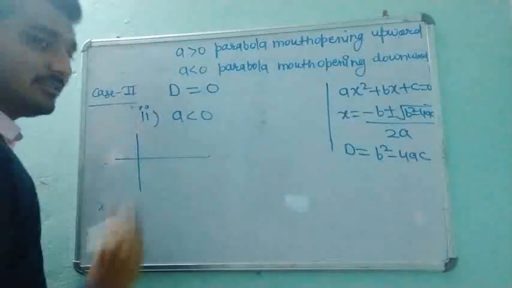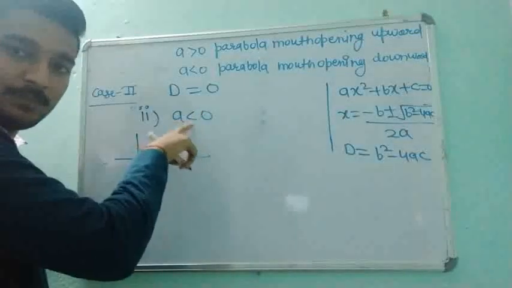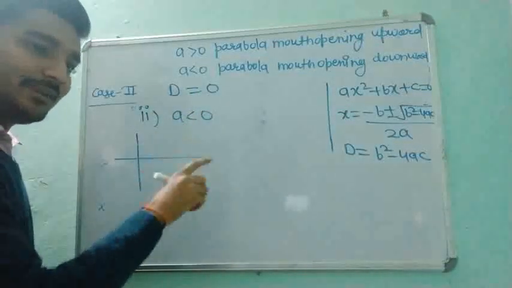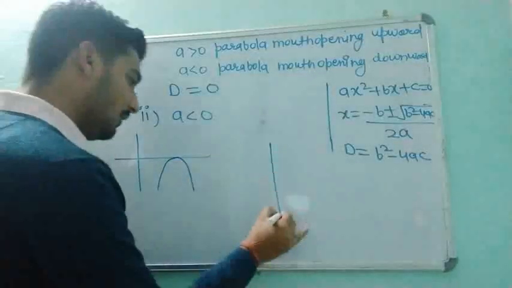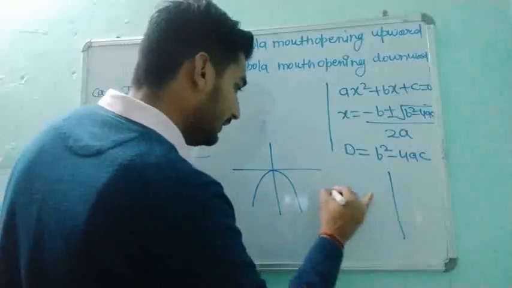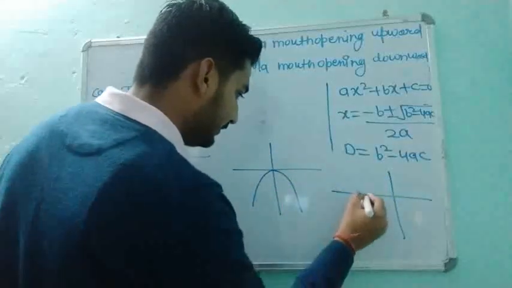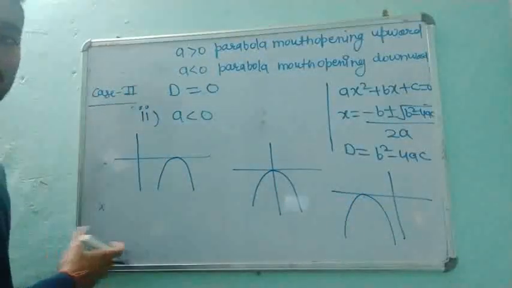So if D equals 0 and a less than 0, we have one value of x and the parabola's mouth is opening downward. That one value can be positive, or it can be 0, or it can be negative. So the graph of the quadratic equation in this case is like this.